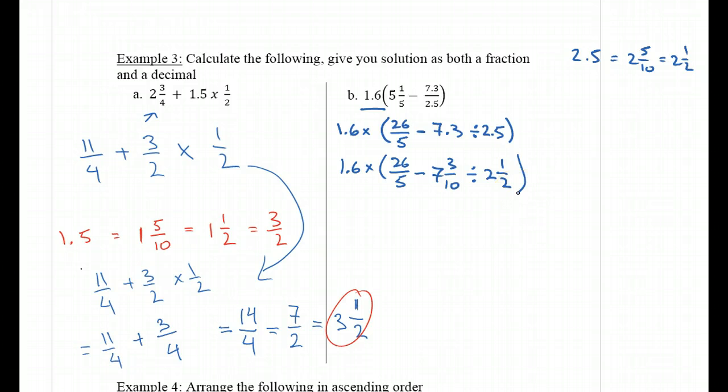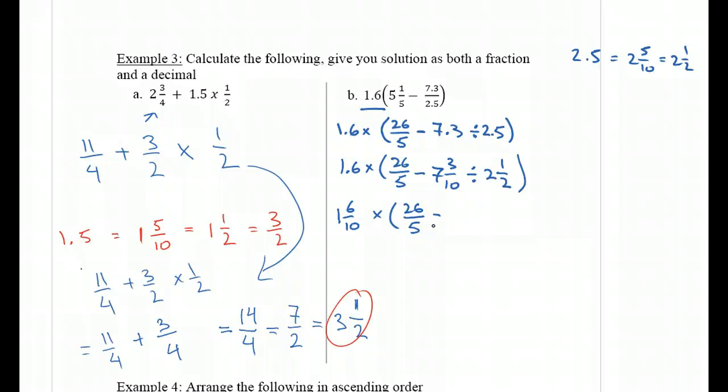Okay, now let me convert this 1.6 here as well. So 1.6 is going to be 1 6 over 10 times 26 over 5 minus, okay, now I have to convert that into a mixed fraction as well.